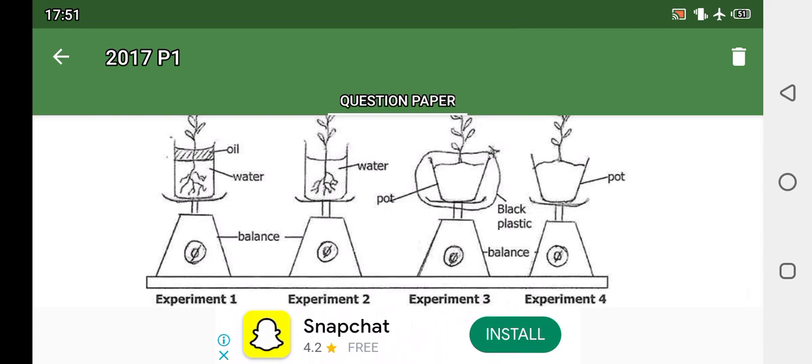Experiment 3 has been covered with black plastic. Experiment 4 has not been covered, and there are scales.